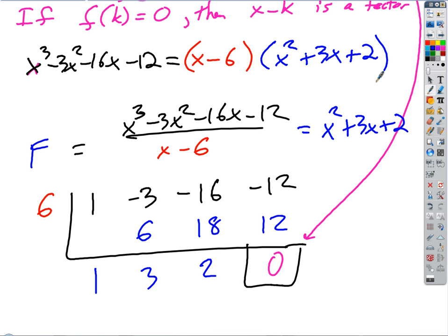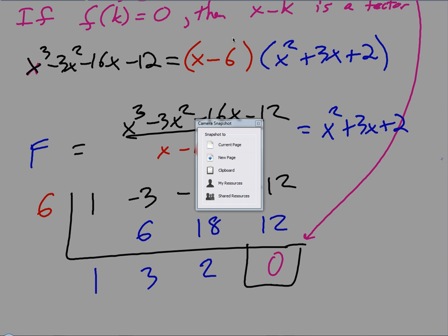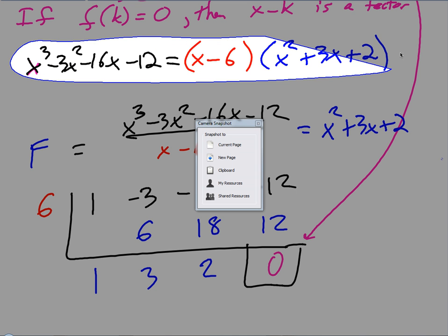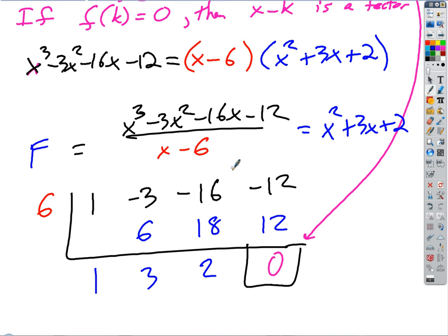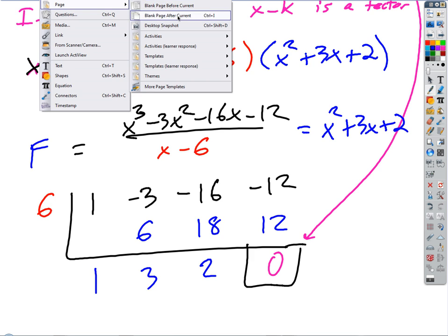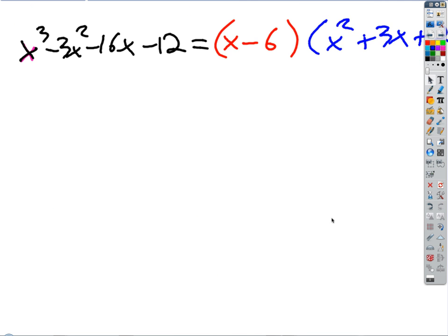We were given the zero of 6, so we can divide out the factor that goes with it synthetically, and that's what's left over. That must be the other factor then, right? So now all I have to do is go further if I can.